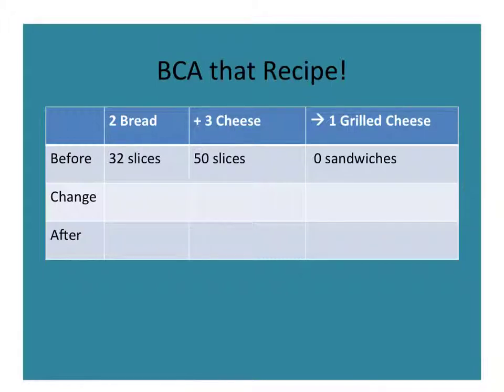And this one is a little more difficult because do we use up all of the bread or do we use up all of the cheese? So you kind of have to do a little proportion to figure out which one you're going to use up. So let's start with the bread.